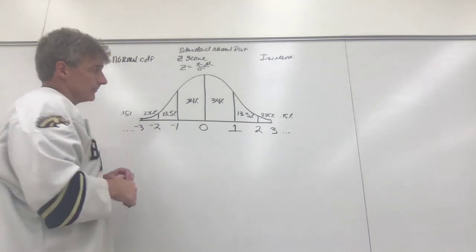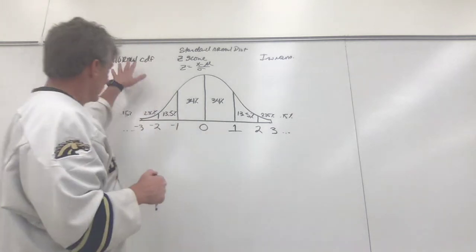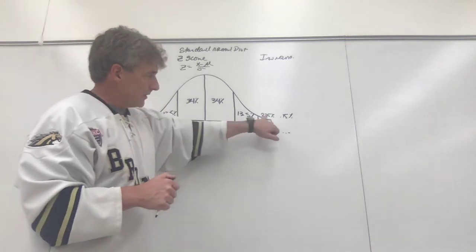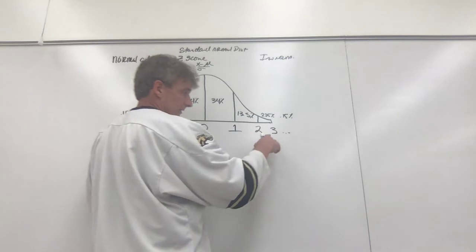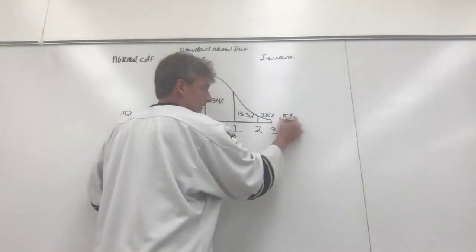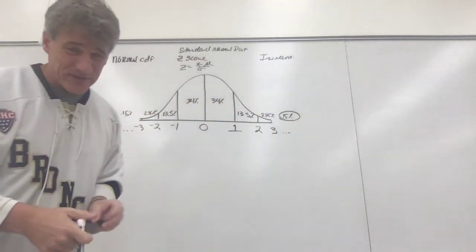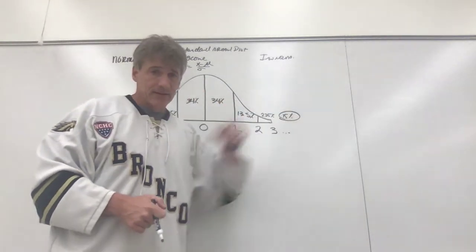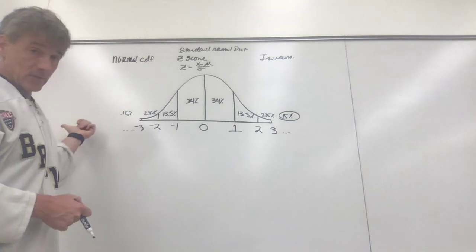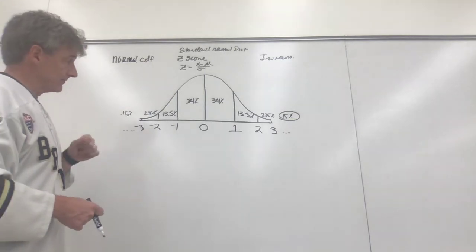If you actually do the normal CDF, this will be about 2.14, a little bit higher. From 3 off to infinity, there's only about a 0.15% chance of landing a value beyond 3. Same for less than negative 3.